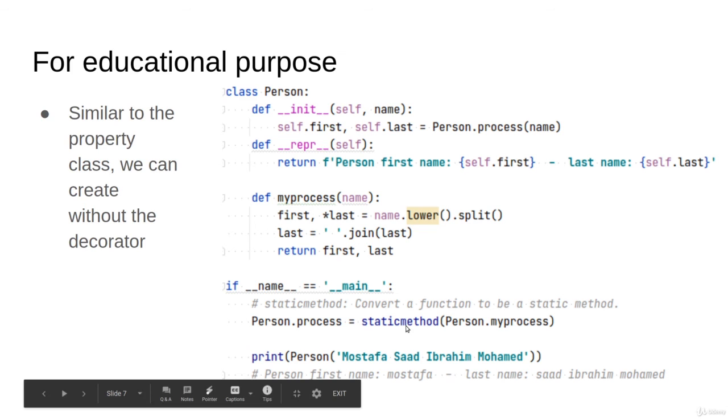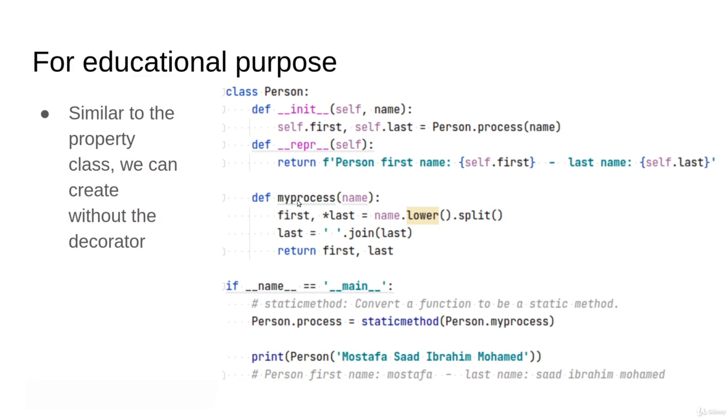The staticmethod is a function that takes a function and converts it to a static method. And also observe here on the fly we are adding a function to this class. I use a different name to just tell you that we can even do that in a practical way.